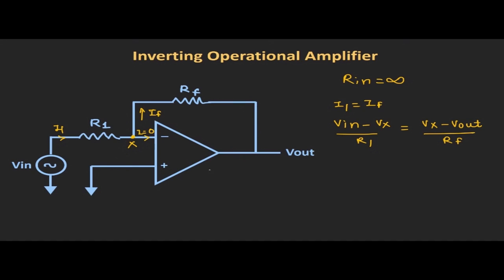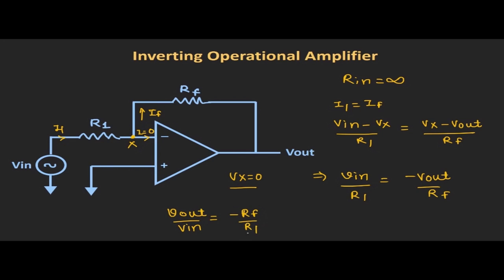So the value of Vx should be equal to 0. So we can write this expression as Vin divided by R1 is equal to minus Vout divided by RF. And if we rearrange it, then we can write Vout by Vin is equal to minus RF divided by R1.